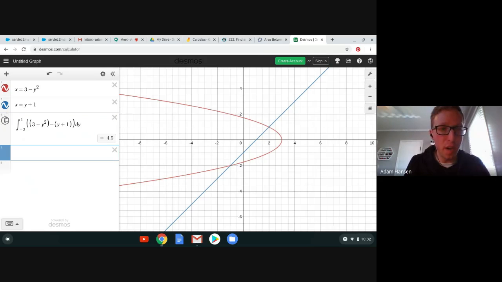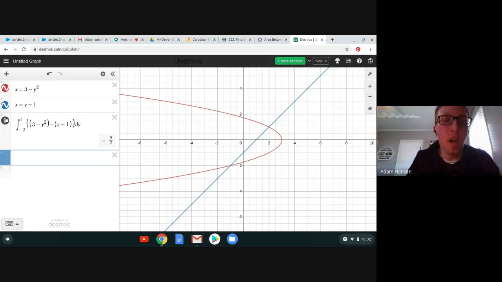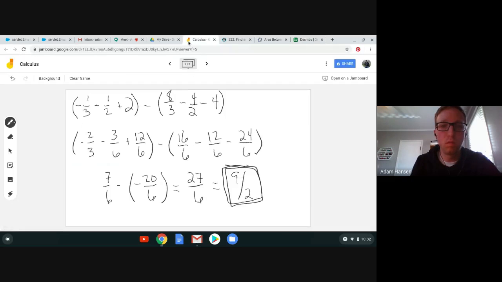Yep, there's the 4.5 or 9 halves we got by hand a second ago. Any thoughts, problems, concerns working through that definite integral calculation for the area between the two curves?